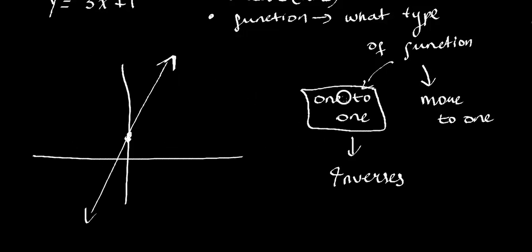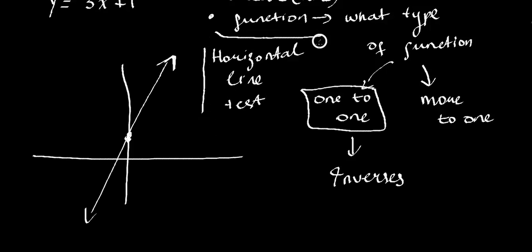The way to find out whether a function is one-to-one or more-to-one is through the horizontal line test. And I know, what in the world am I talking about?